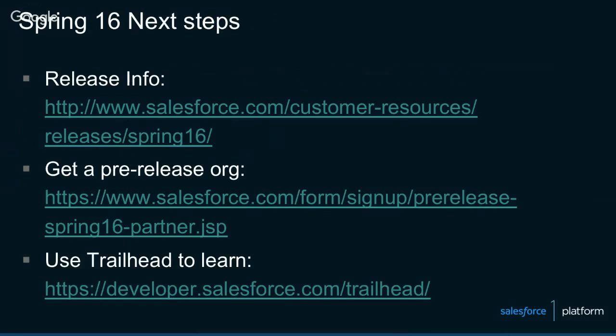Spring 16 is available; you'll notice the URL on there, Spring 16 partner, and the rest of that URL. Summer will eventually be available in a couple of months, and you'll be able to go to that same URL but switch in Summer 16 instead. Our orgs will be updating to Spring 16 over the next couple of weeks as well.